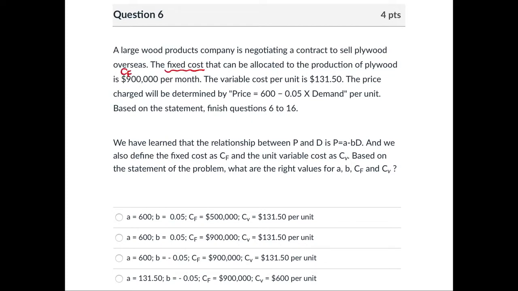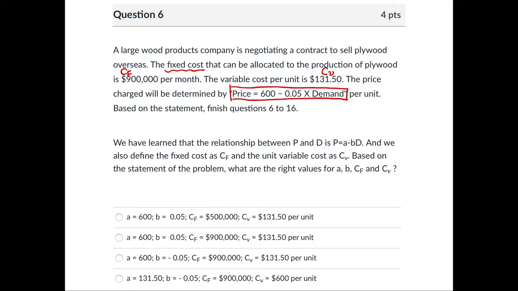So that's the fixed cost, C capital F. The variable cost per unit is 131.5. So that's C lowercase v. The price charged will be determined by the price equals 800 minus 0.05 times demand, per unit. So that's the relationship between P and D. Based on the statement, finish questions 6 to 16.